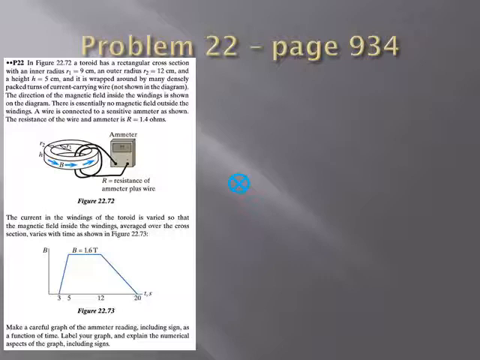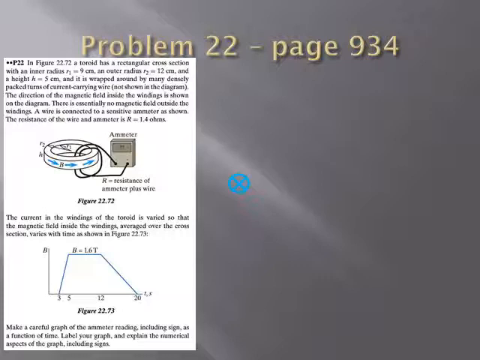The resistance of the wire is 0.14 ohms. The current in the windings of the toroid is varied so that the magnetic field of the windings, averaged over the cross-section, varies with time as shown. So at t equals 3 seconds, it increases to 1.6 Tesla at t equals 5 seconds.